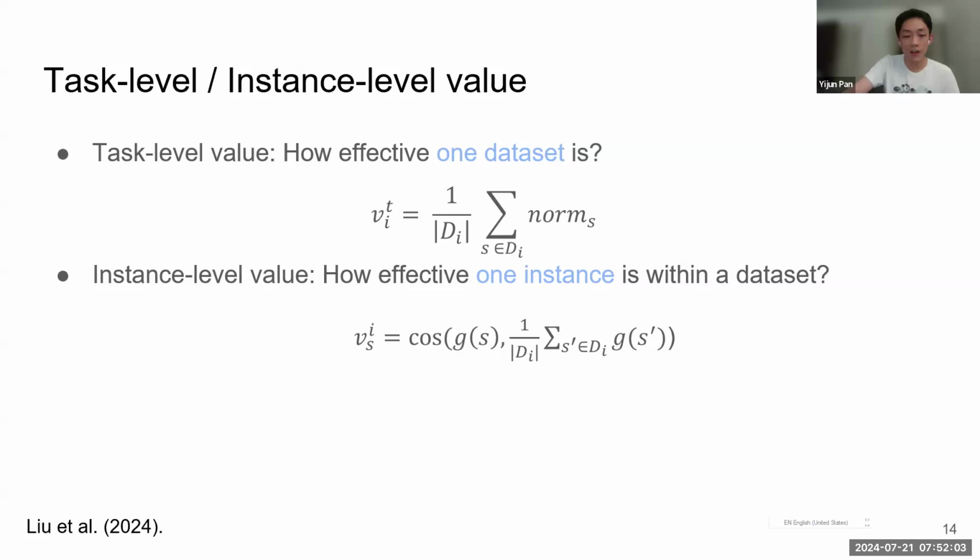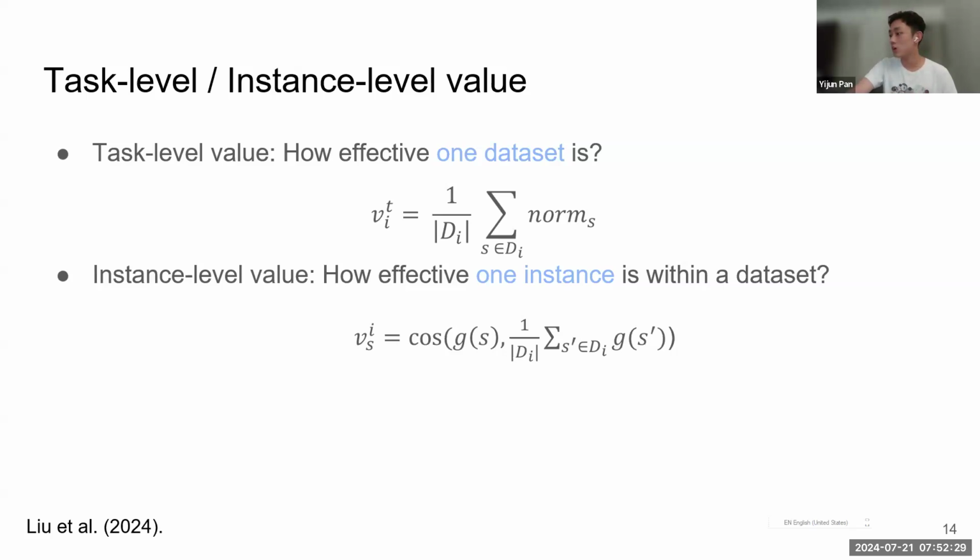It's defined using the similarity between the gradients and the average gradients across the entire training set. This is intuitive because we consider a data point as effective if it can provide a similar parameter update compared to the average of the entire set.